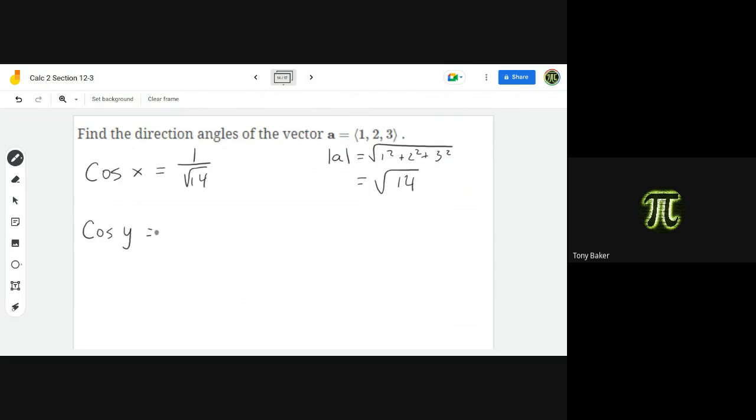Cosine of y is 2 over the square root of 14. And z is 3 over the square root of 14.